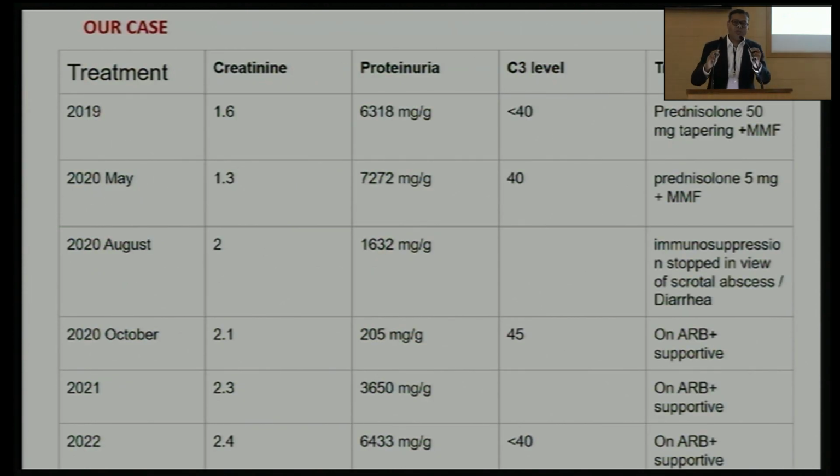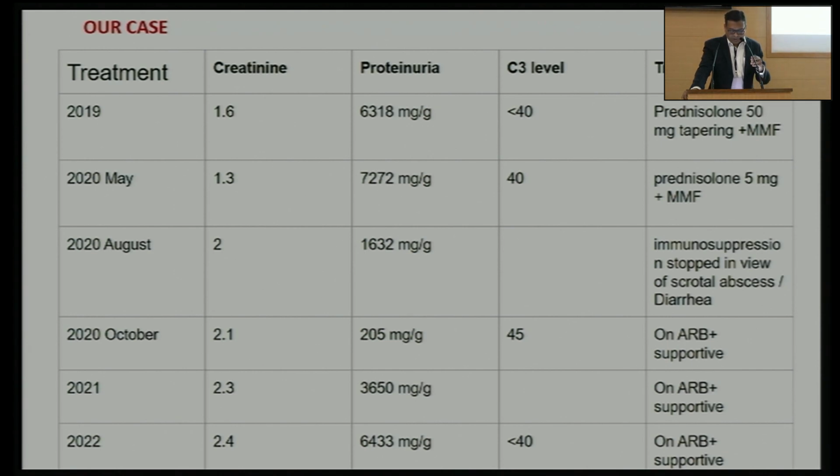So coming back to our case, based on this, when we started treating this patient we obviously had one choice, steroid plus MMF, and with that there was significant improvement. You can see over a period of 1 year, proteinuria decreased significantly, and there was not much progression of renal dysfunction.